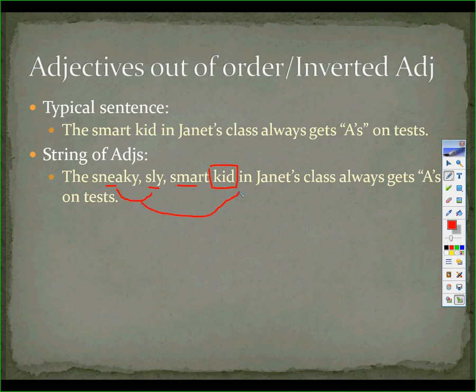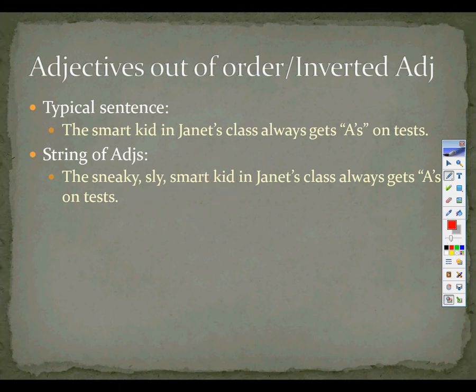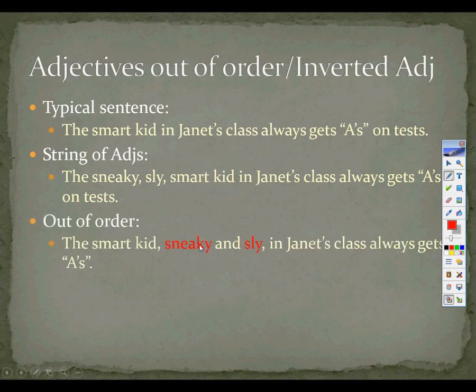Move them after kid. Now think about what effect that has on the sentence. Okay, so we have: the smart kid, comma, sneaky and sly in Janet's class always gets A's.